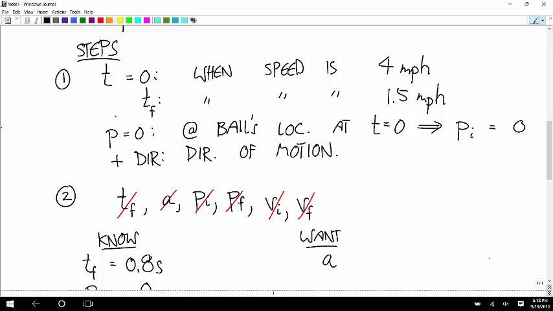If it asked how far the thing went 0.4 seconds into the roll up the hill, then you'd have to change your time final to that point. Otherwise there's no way to calculate it. But all of our choices still work for part B.